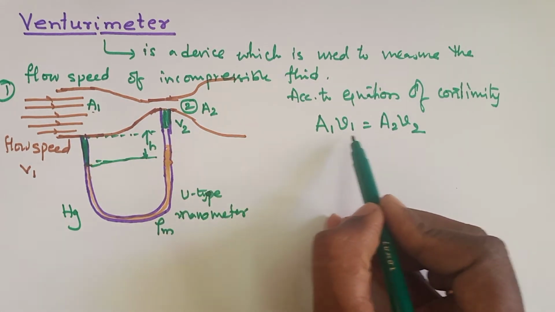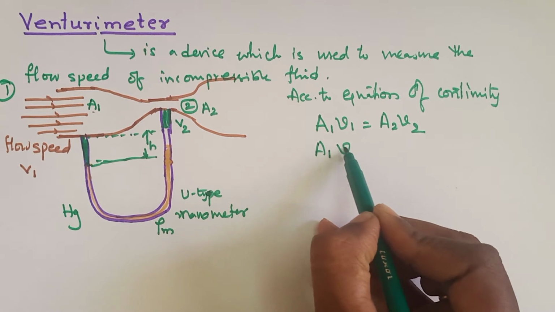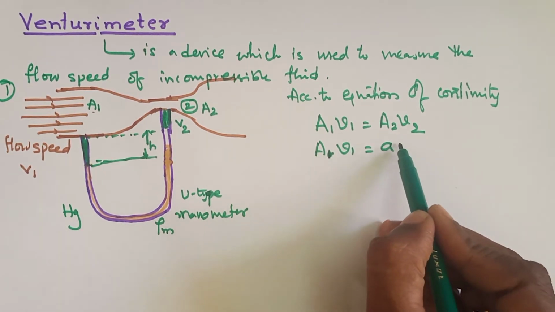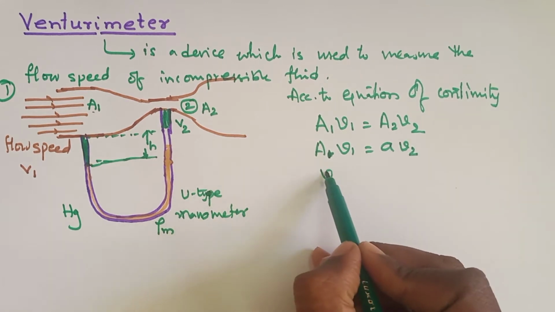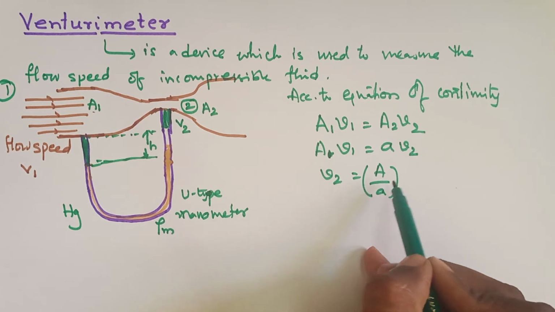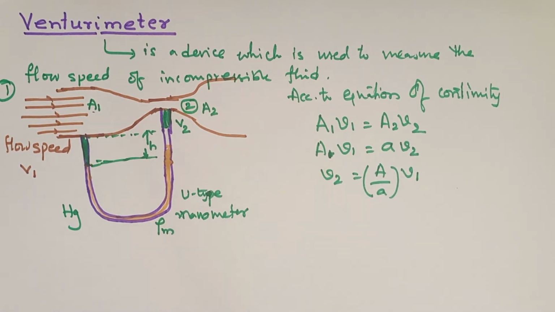You can also indicate it as small area a. A1 V1 is equal to a V2, so V2 is equal to A by a into V1, right?